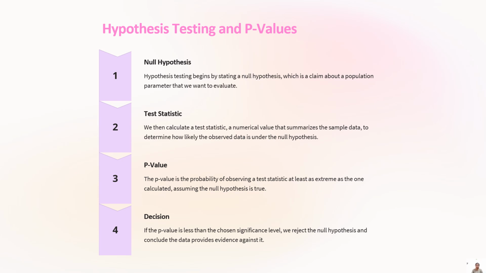Next is the p-value. The p-value is the probability of observing a test statistic at least as extreme as the one calculated, assuming the null hypothesis is true. Decision: if the p-value is less than the chosen significance level, we reject the null hypothesis and conclude the data provides evidence against it.